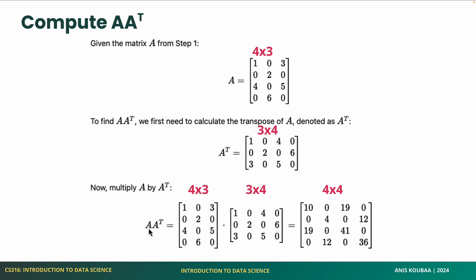And now we compute A multiplied by A transpose, and we find a 4 by 4 matrix. This one is 4 by 3 multiplied by 3 by 4. It will result in a square matrix.